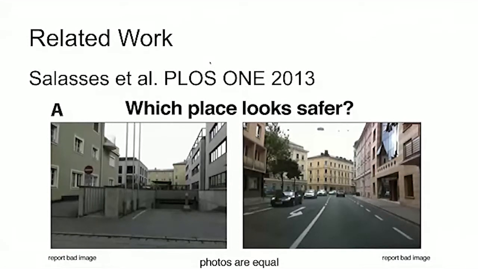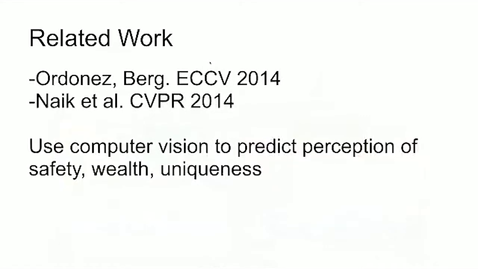The way they did this is they take 2 images and they crowdsource this, and they show people and ask, which image looks safer, which image looks like it came from a wealthy neighborhood, etc. Once they collect this data set, then they train an algorithm to just predict whatever the attributes of the data that they collected from the images, so whether a neighborhood is safe or wealthy or unique.